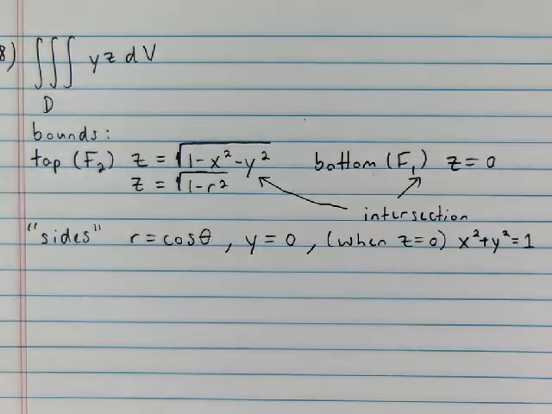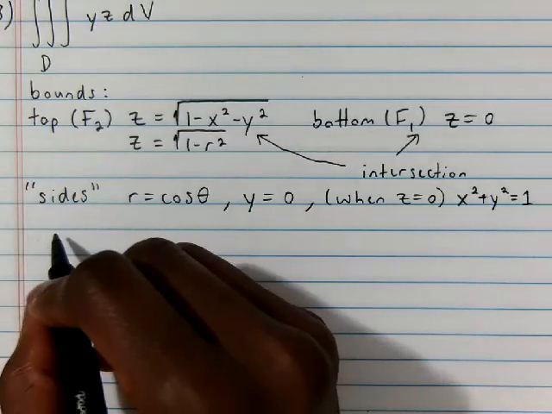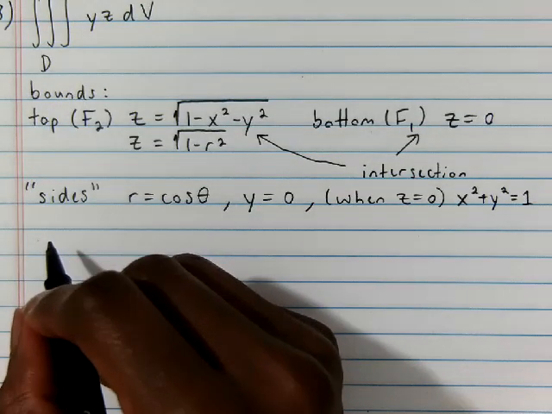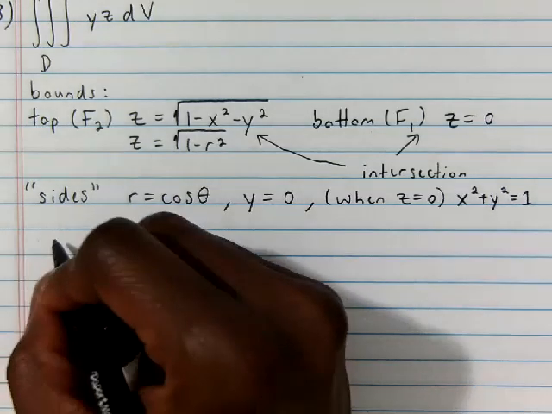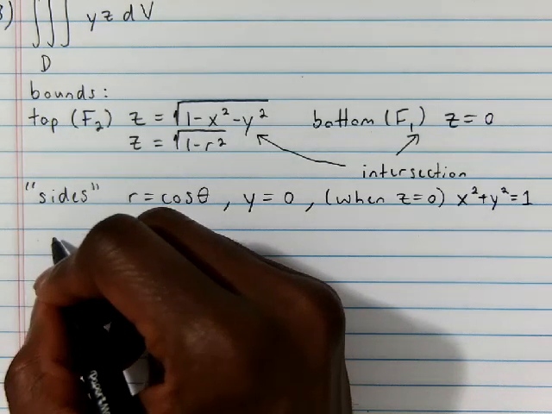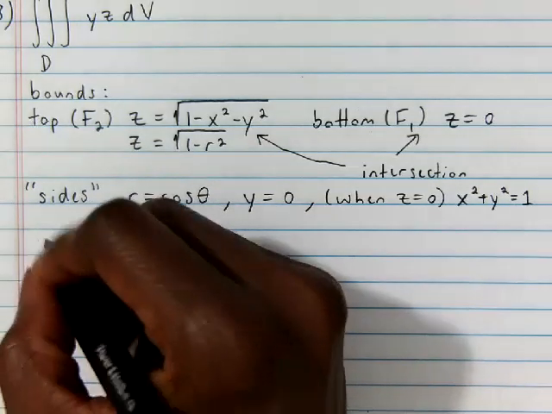All right, so now let's sketch the sides. We're in the first octant. First octant means that your x, y, and z are all greater than or equal to 0. But when we reduce that to 2 dimensions, that just puts us in the first quadrant.